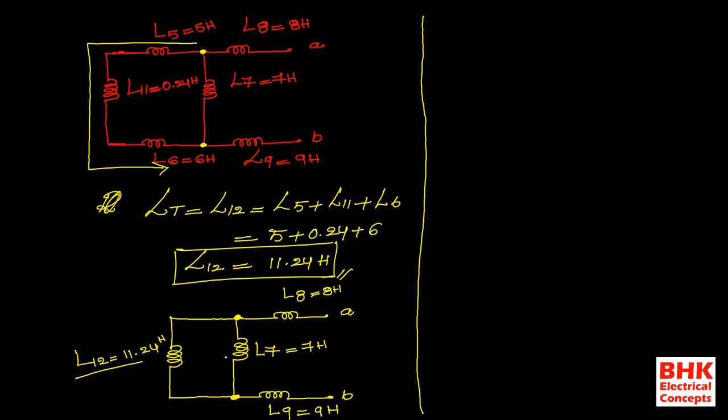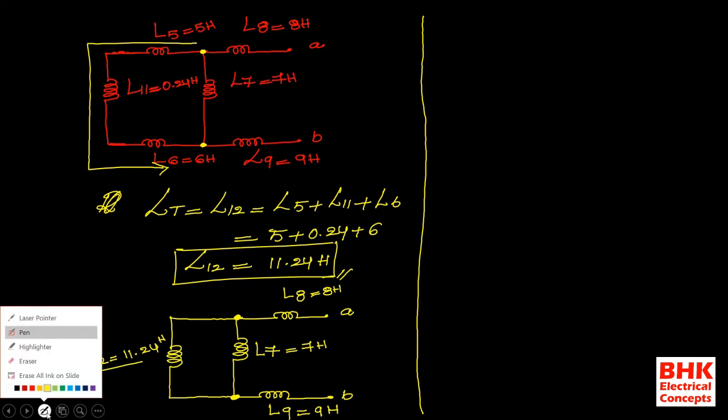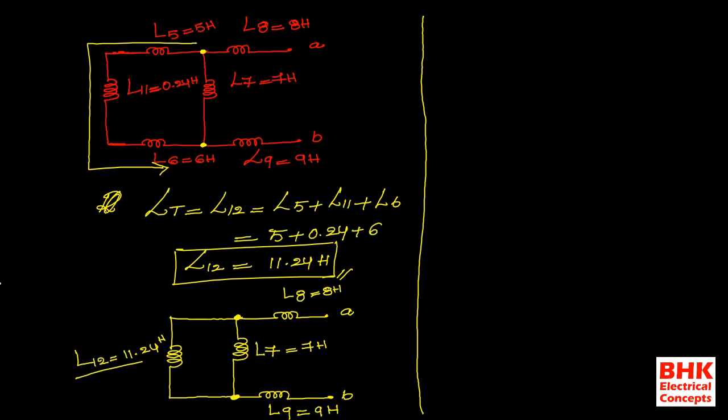Now L7 and L12 are connected again in parallel. Yes or no? Just see here. So L7 and L12 are connected, these two are connected in parallel. Now we are going to find the parallel combination of these two inductances, where L12 is the last new inductance.